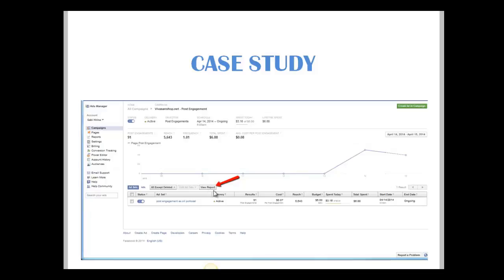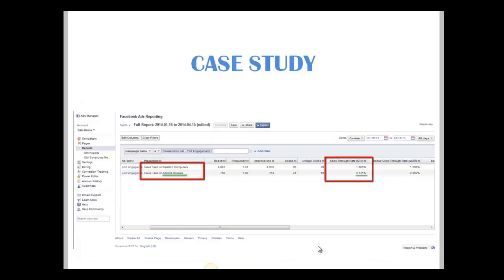I'm going to go to this view report button right here, and on the next page it shows me the people I targeted in Romania on mobile devices. On the newsfeed on mobile devices, I have a click-through rate of 3.141, compared to desktop computers where I do have a bigger reach. However, the click-through rate is only 1.8885.